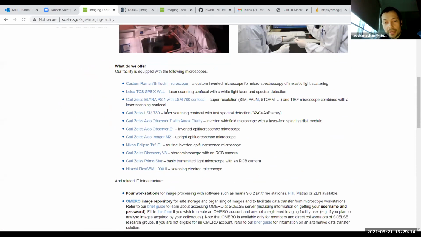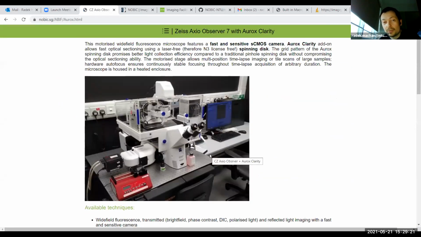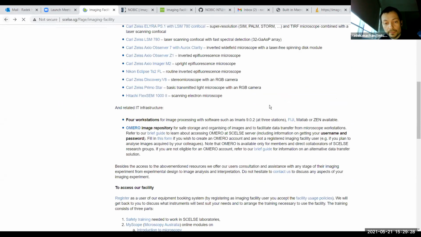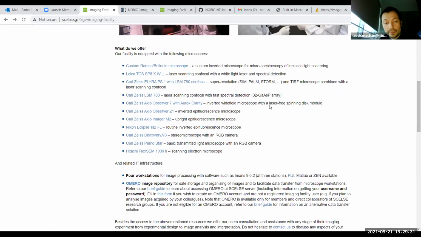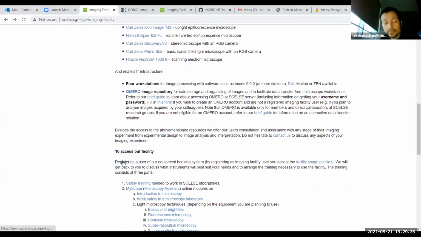If I press any of these, it will bring me to the system overview page for that microscope. And there is a link to the login page of the booking system. So for new users, you can follow this link to create a user account in the booking system.